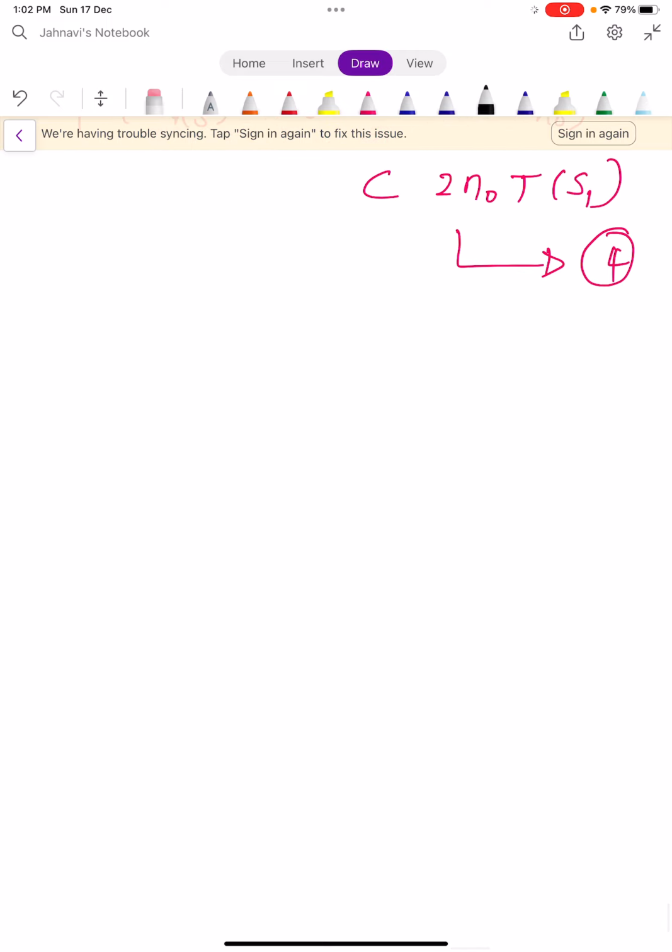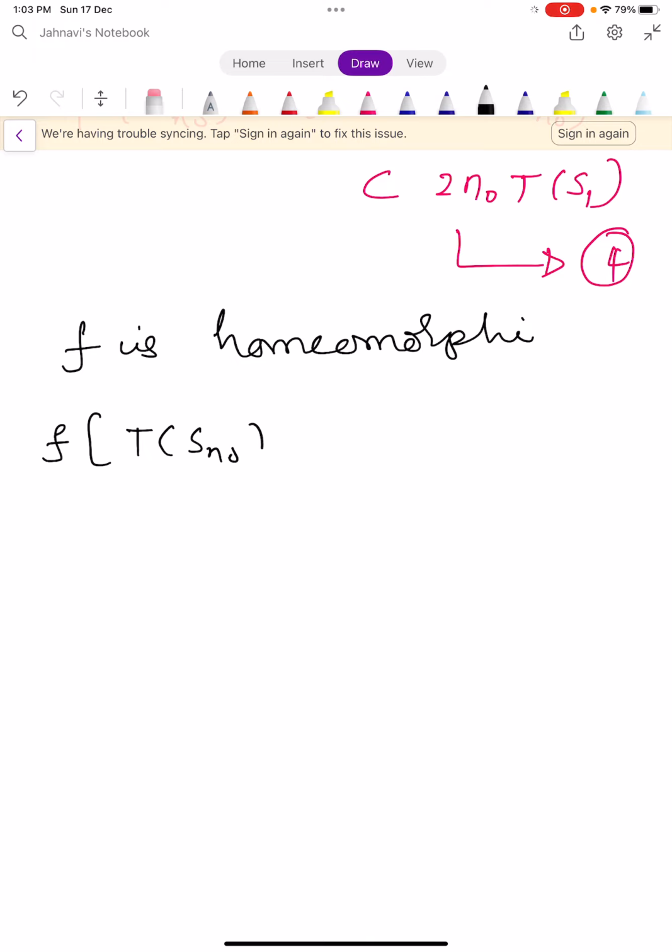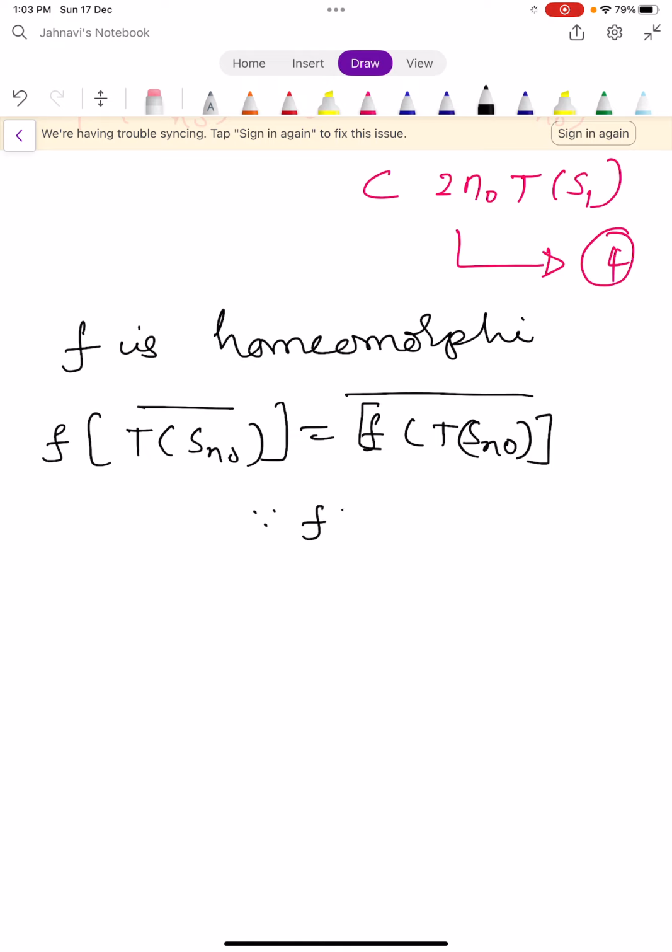Again, since this f is a homeomorphism, which is continuous, one-one, onto and an open mapping, f of T of Sn naught bar is equal to f of T of Sn naught whole bar, because f of a bar is equal to f of a whole bar by applying this axiom.